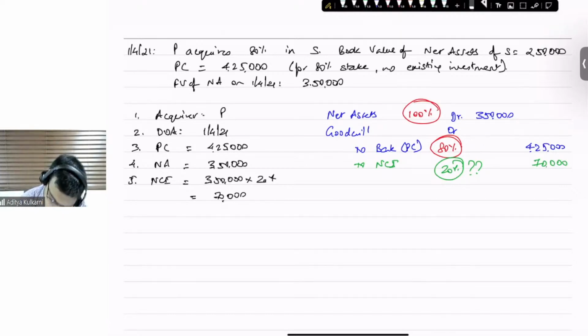And accordingly, what is going to be your goodwill? 425 plus 70, 495, minus 350, 1,45,000. Is this clear to everyone?